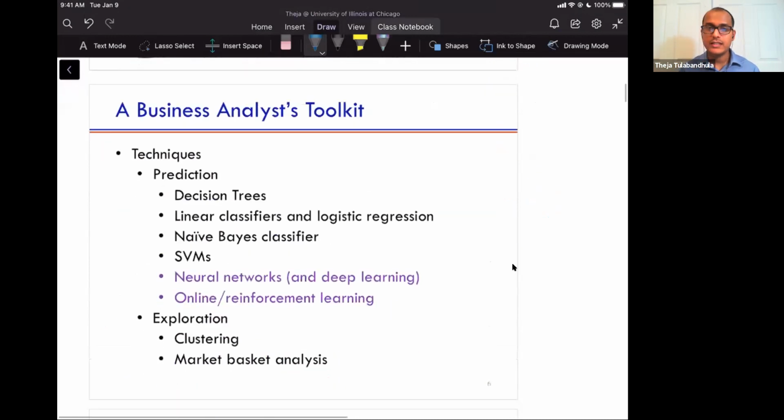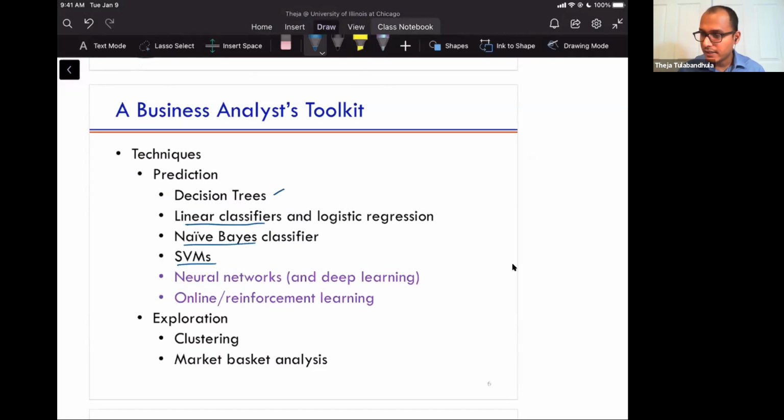If you come to the list of techniques, just focusing on that last cell from the previous slide, there are a bunch of techniques that you have probably seen, and folks who have done 572 or 575 have seen decision trees. You might have seen linear classifiers. You might have also seen examples like Naive Bayes classifier, SVMs.